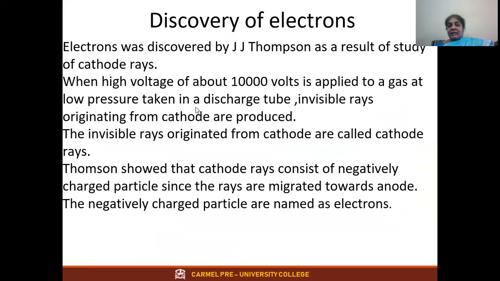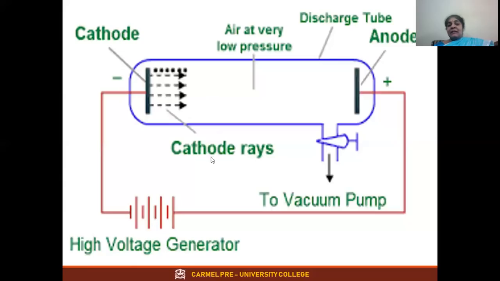What Thomson showed is that cathode rays consist of negatively charged particles since the rays migrate towards the anode. Anode is positive. Therefore, cathode rays consist of negatively charged particles called electrons.